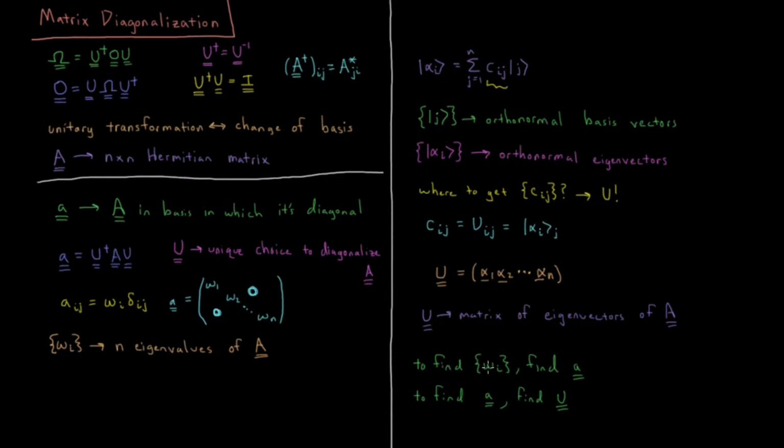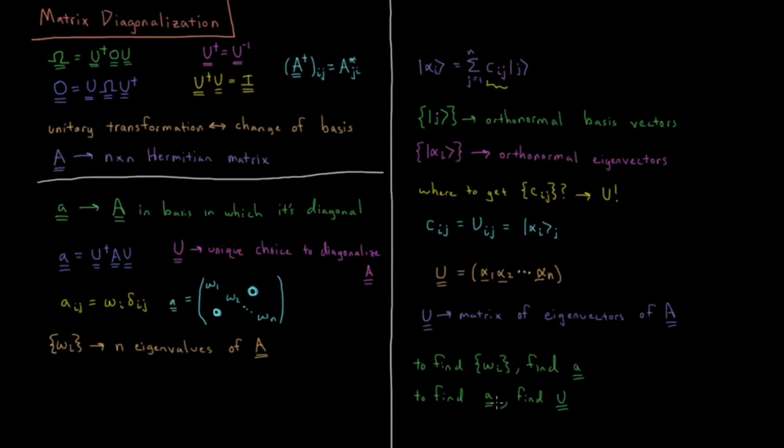So to find the set of eigenvalues of a given matrix, all we need to do is find the diagonal of that matrix. We need to find how to diagonalize that matrix. So if we can diagonalize a matrix, then we can find all of its eigenvalues.